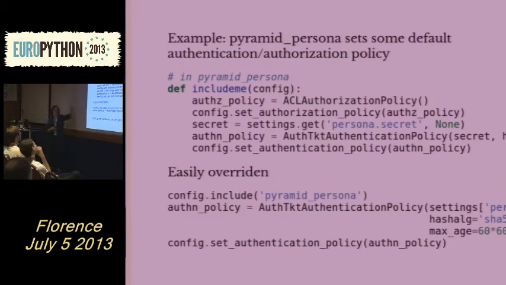An example of that, code from my Pyramid Persona library. I define an authentication and an authorization policy so that the user can just include Pyramid Persona and use it right away with these default authentication and authorization policies. But if the user wants to use another authentication policy or change some settings, all he has to do is include the library and just call the same directive with another value, and this will override the default I set in the library.